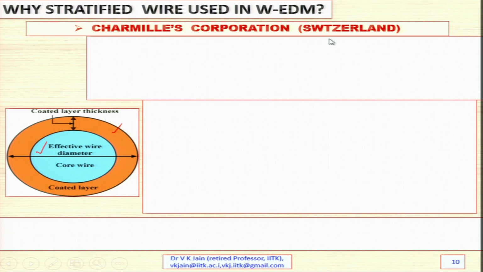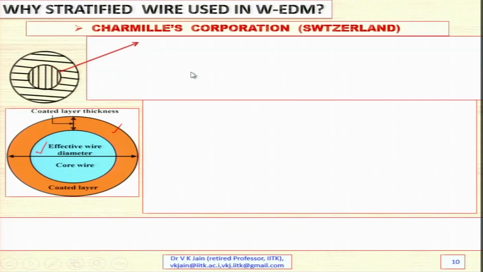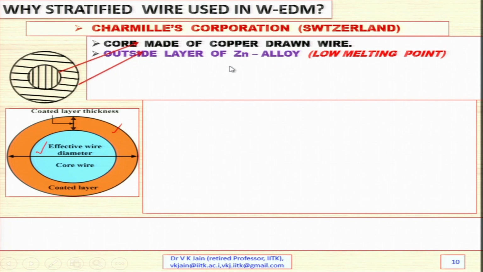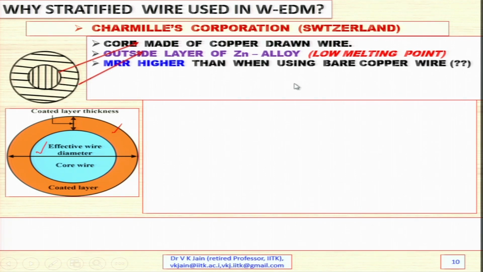Charmilles Corporation, Switzerland, used to make this stratified wire for use in wire EDM and wire EDMM processes. You can see here, the core is made of copper drawn wire, and this coating or outside layer is made of zinc alloy, which has a comparatively low melting point, and the material removal rate is higher than when using bare copper wire.